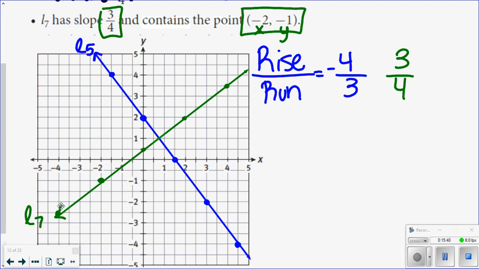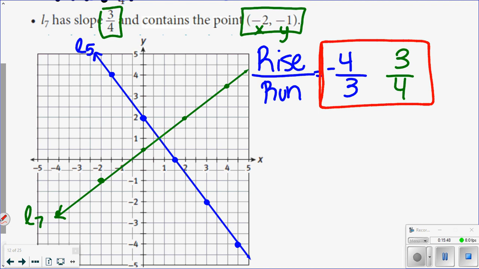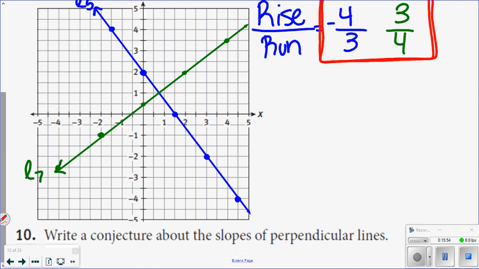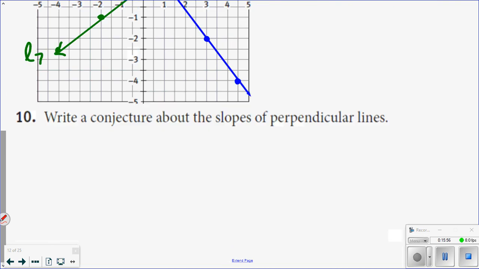What do you notice about these two slopes? Right here, what do you notice? There should be two things we notice. Good, perfect. The numerator and the denominator are flipped, or switched.